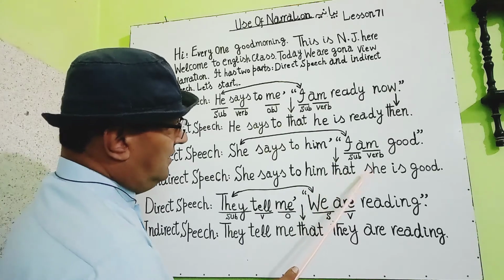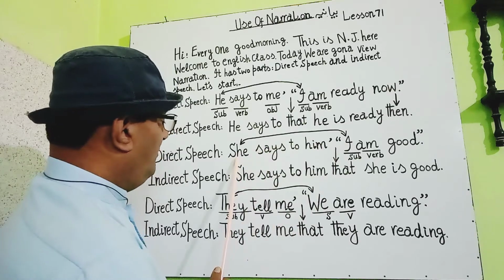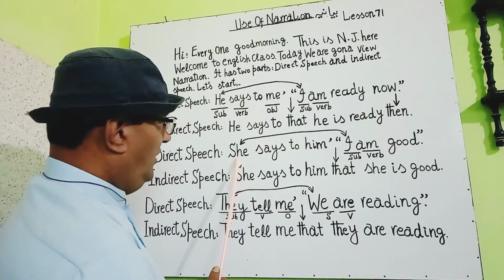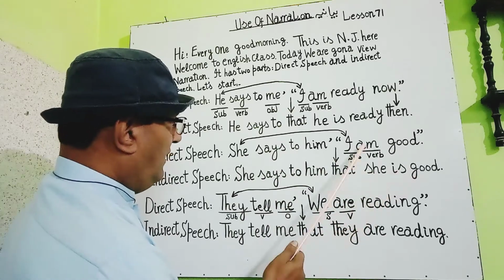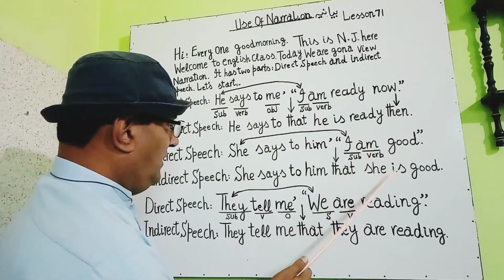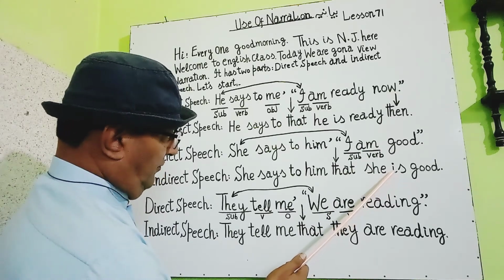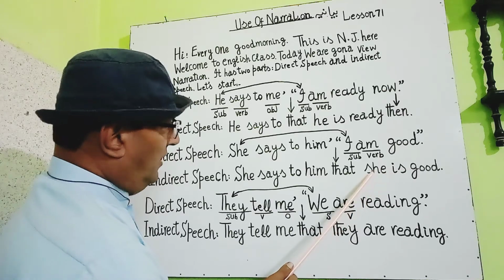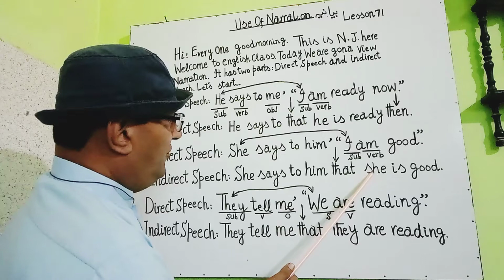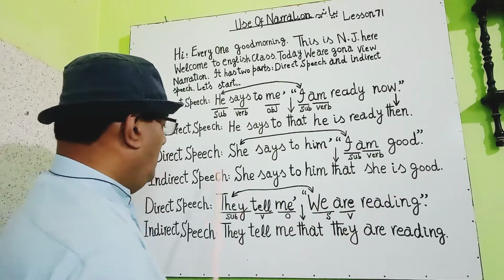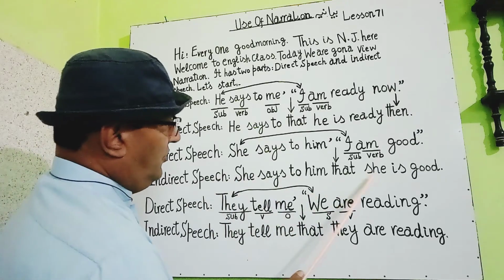And the rest, you see, the first person I will be changed by the subject she, and after that she is good, and the verb am will change automatically according to the subject, and now it is she is good. Now you see again from here, she says to him that she is good.